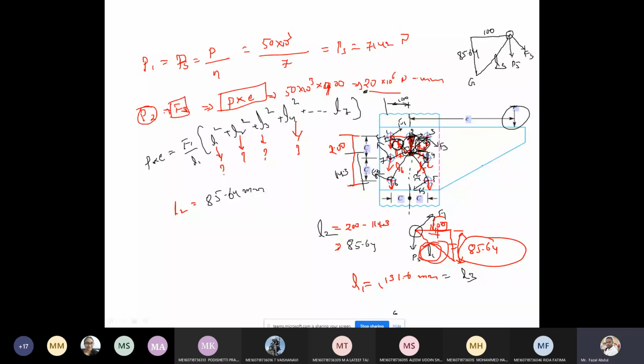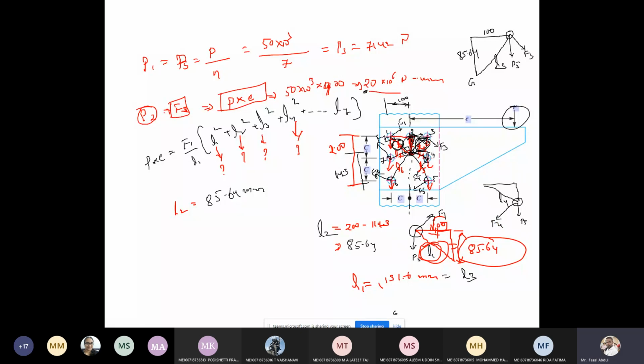Separately I'm drawing this here. This is the fourth rivet. P is acting directly vertical and downwards, and F4 is acting in this manner.